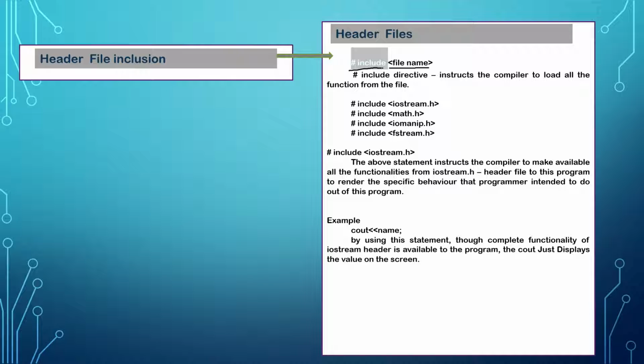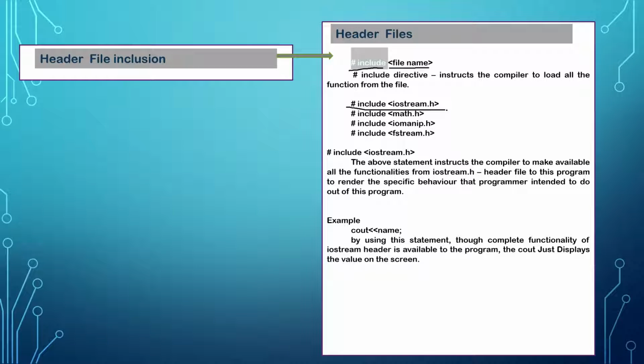The hash include directive instructs the compiler to load all the functionalities from the file. So if you give hash include iostream.h, it loads all the functionalities for input and output functions into your code. So when you use cin, cout, you don't have to write any definitions for that. We can just use those functions to display the values on the screen.